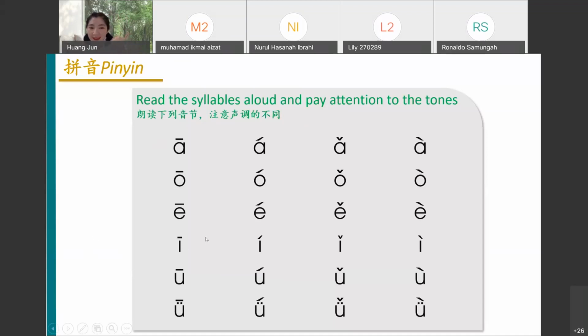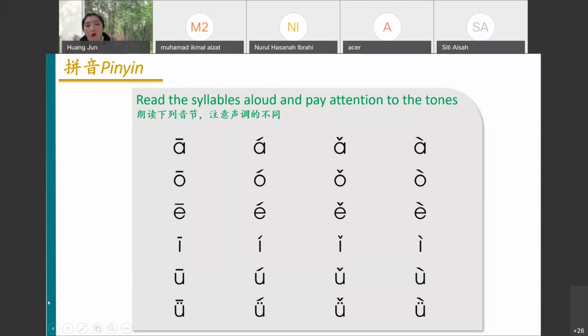Then we start again. Group 4. Very good. Then group 5. Good.